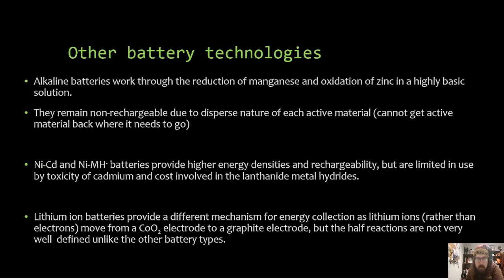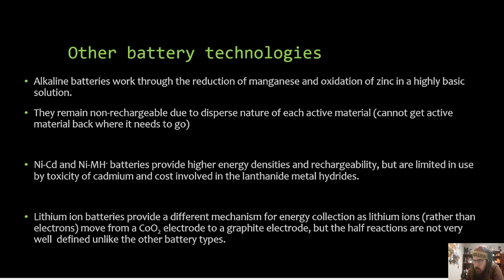Now, other batteries have different processes. So, for example, alkaline batteries are AAA or AA or D cells. A lot of those work by a different half reaction where they use manganese and zinc. They're called alkaline batteries because they use a highly basic solution, so they're under basic conditions instead of acidic. Now, a lot of these are not rechargeable because of the nature of the products.